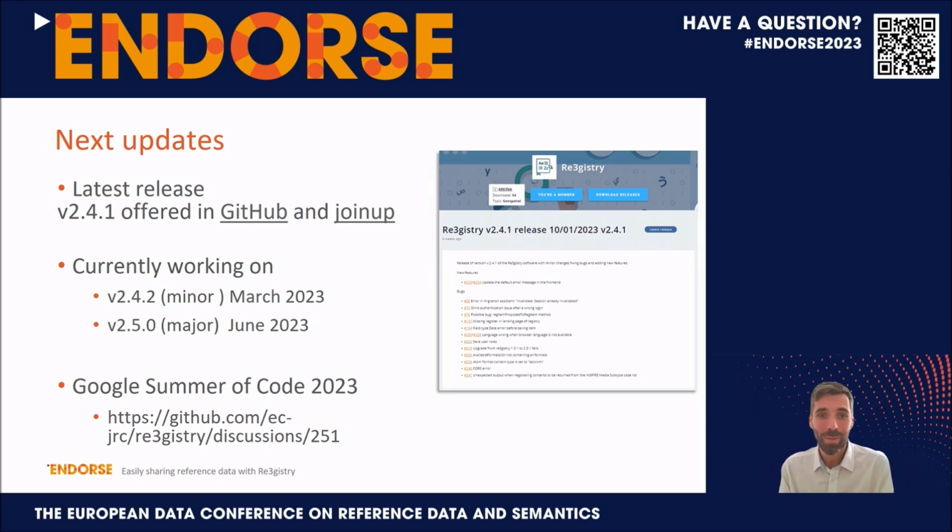So if you are a student or you know a student willing to collaborate in the project, please feel free to contact us. We have opened a discussion to provide more information, and you can have all the details here, and you can contact us using the thread that is on the screen.